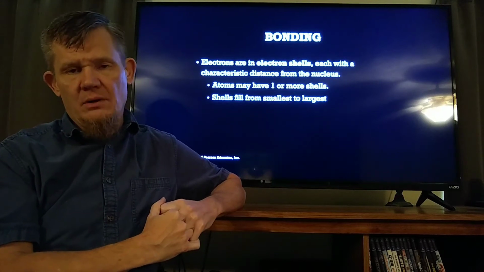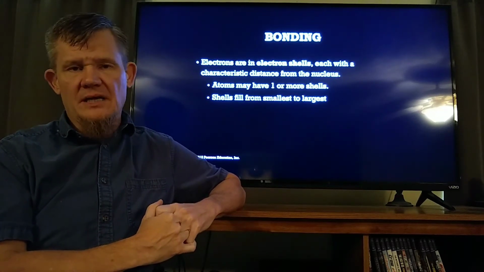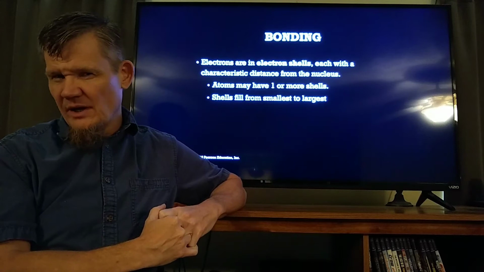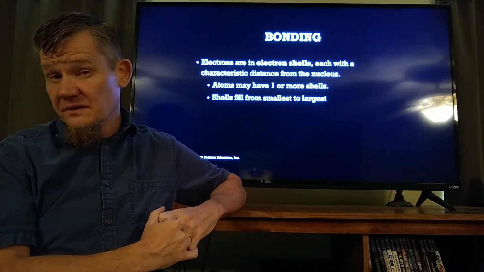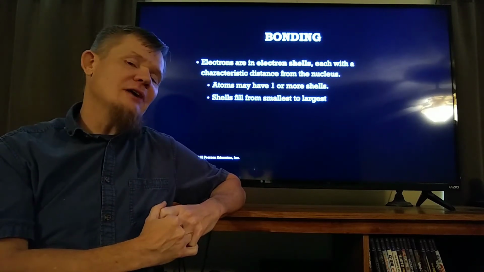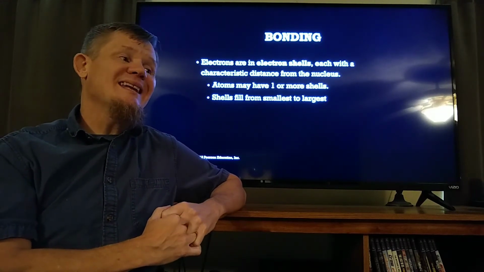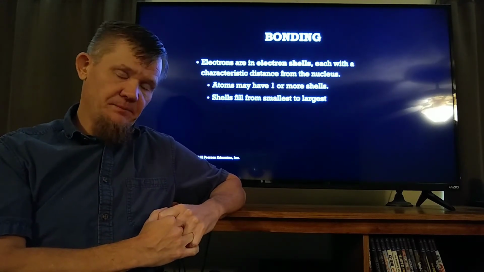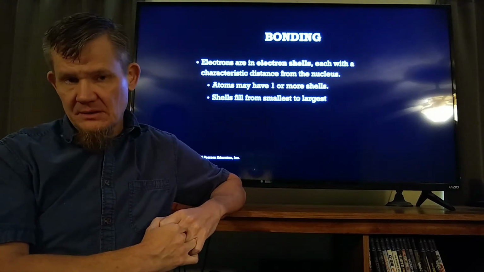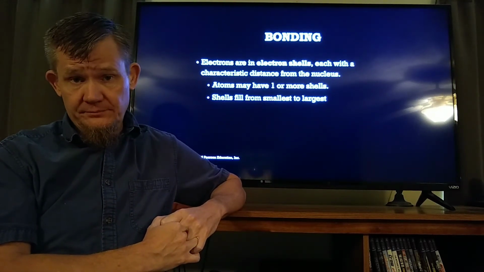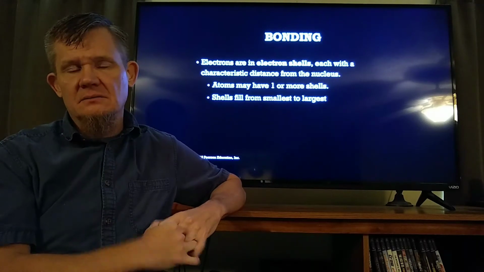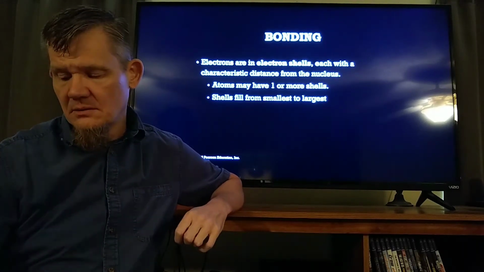That's the most important part to know and to understand. Atoms want to have their outer shells filled. If they don't naturally have their outer shell filled, that means they will engage in relationships with other atoms to fill them. And there are a few of these different relationships.